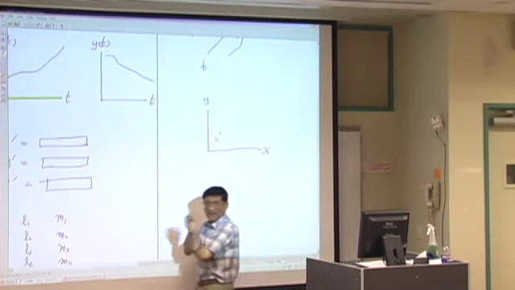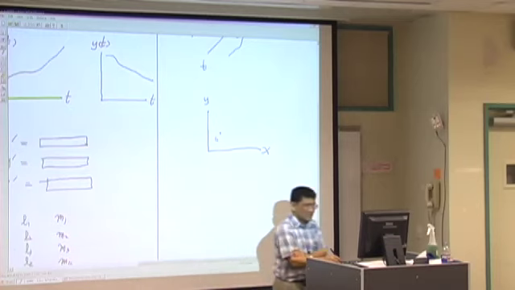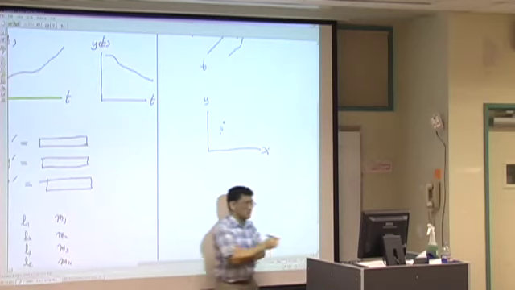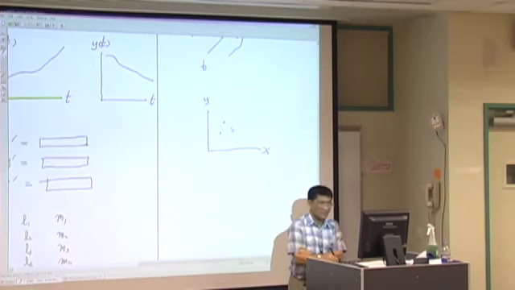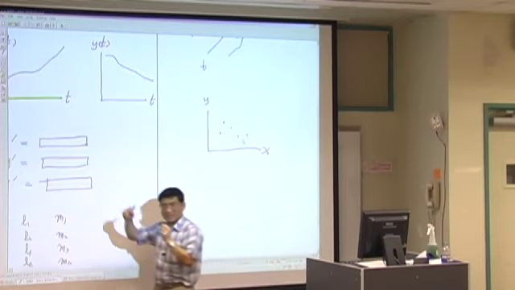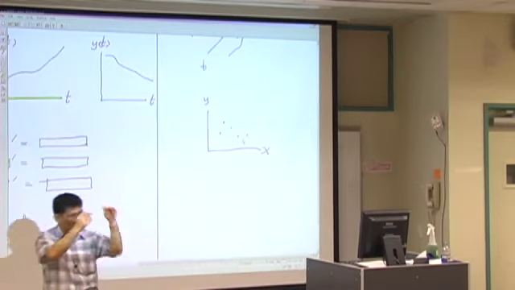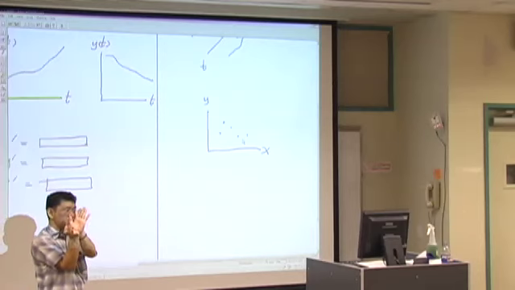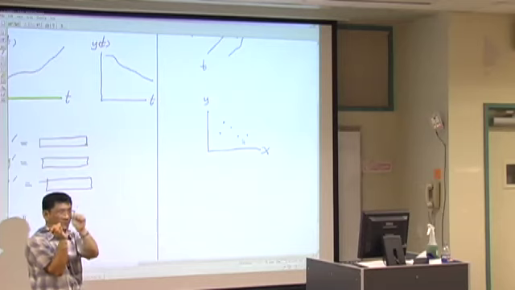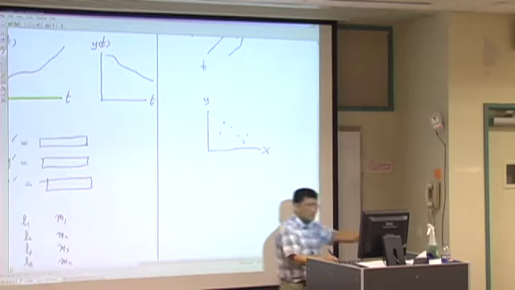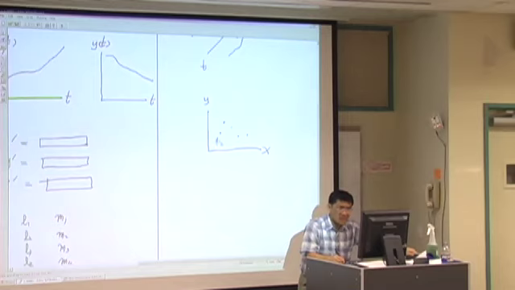At time 1, the point is here. At time 2, the point is here. At time 3, here. At time 4, here. So we can in fact sketch all these things in the plane. But this doesn't have time information unless we specify time information at each point. So this point is the time 0 point.